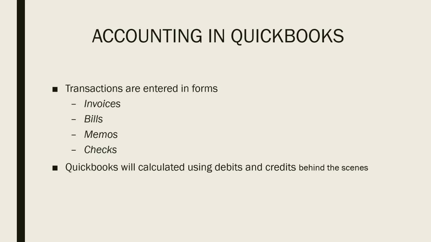And that's the next slide over. Okay, over here. So QuickBooks will do all the work for you behind the scenes. When we talked about the difference between a double entry and a single entry, single entry is where we just enter in one piece of information. So in this case, we'll be entering bills.